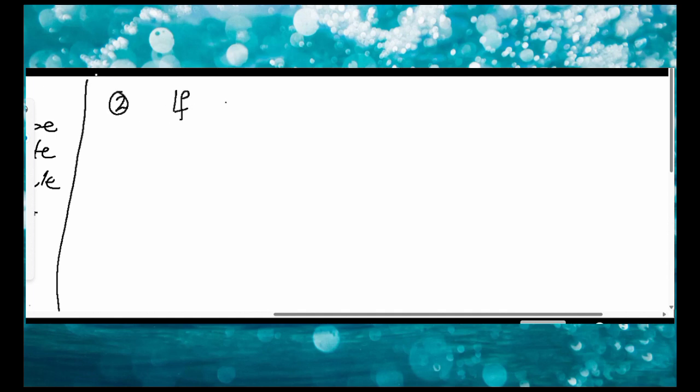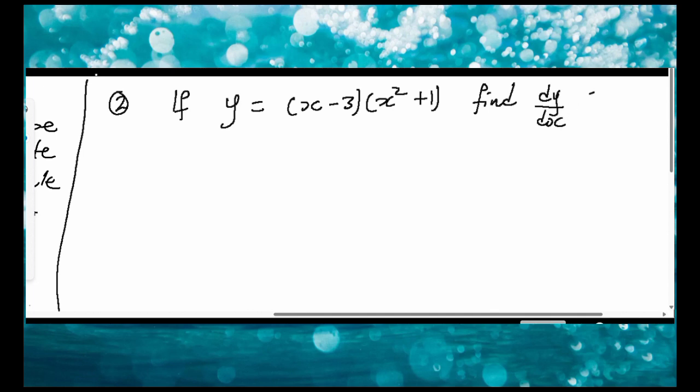If y is equal to x minus 3 then x squared plus 1, find dy/dx. Okay, so solution.